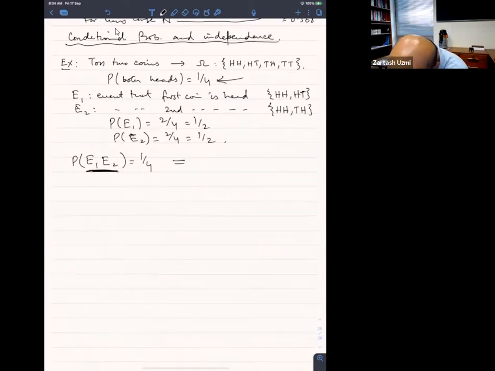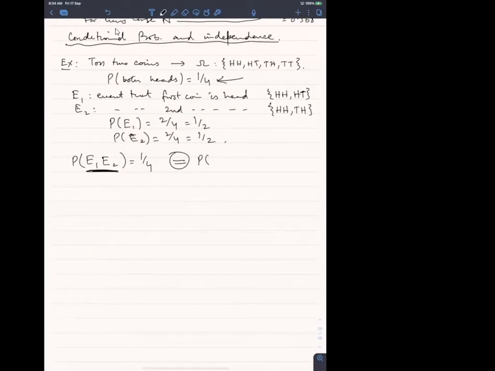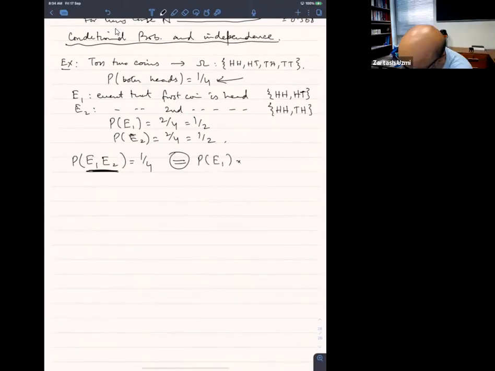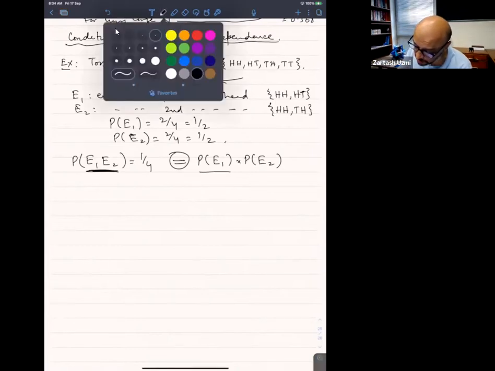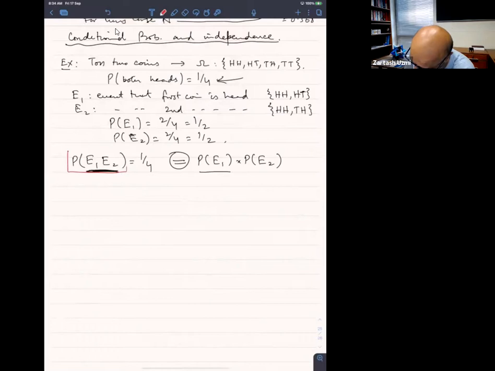See, this is turning out to be equal to the probability of E1 multiplied by the probability of E2. ये मैंने ऐसे खामखा नहीं लिखा. There is a reason that I have written it. So in this specific case, we have seen the probability of E1 and E2 together, or the probability of their intersection, is equal to the probability of the individual events के product.